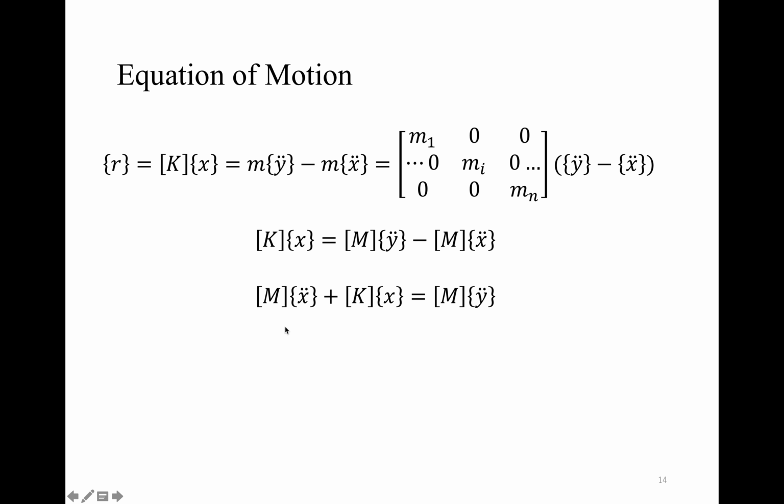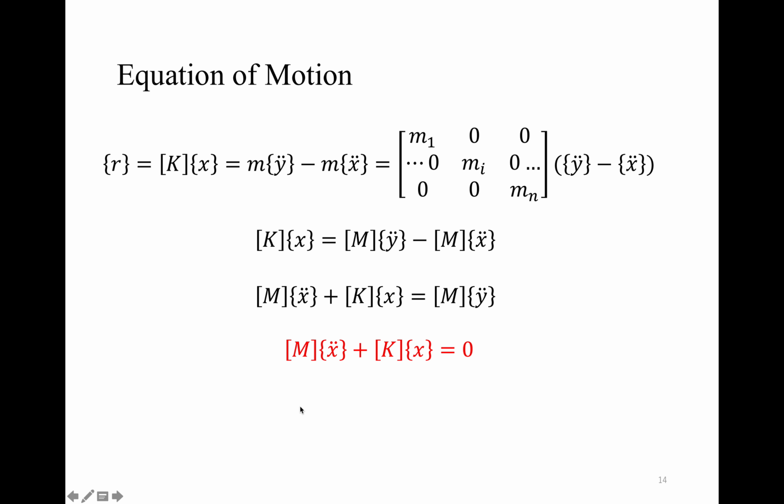By moving this term to the left side, we get M x double dot plus K x equals minus M y double dot. This is the equation with earthquake input but without damping, right?